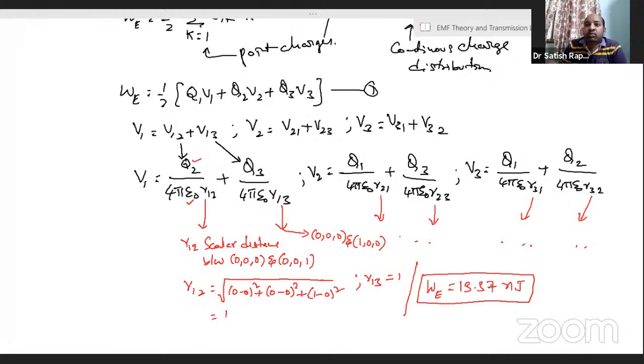So one more problem. This is the problem related to point charges, and in the next class we will consider one continuous charge distribution and close this topic.